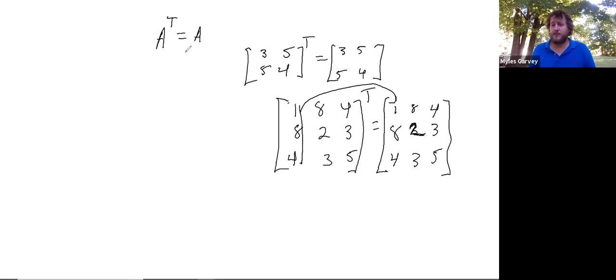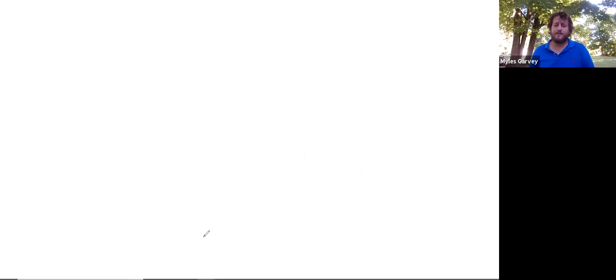Now we have a few other matrices that we tend to focus on. We have not only symmetric matrices, but other matrices that are of interest to us that help us in some of our analysis, depending on what we're doing.